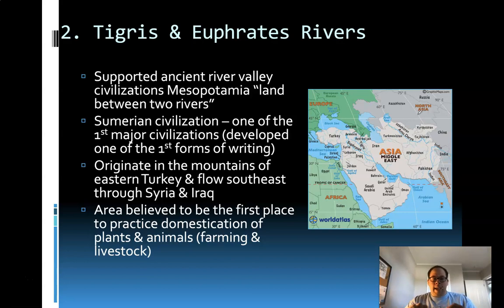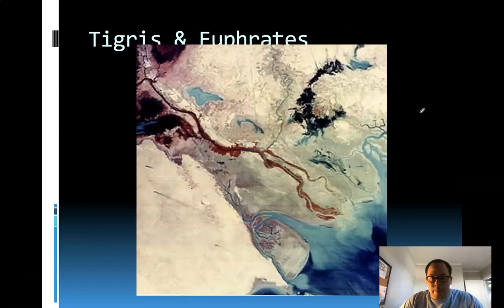So, looking at the Tigris and the Euphrates rivers, you should have learned a lot about these two rivers in seventh grade. Specifically, when you're looking at Sumerian civilization, it's really one of the birthplaces of societies. The Fertile Crescent, all that was going into these societies, the fact that these rivers merge there, and I'll show you a better picture on the next slide, makes this land very fertile throughout this region.